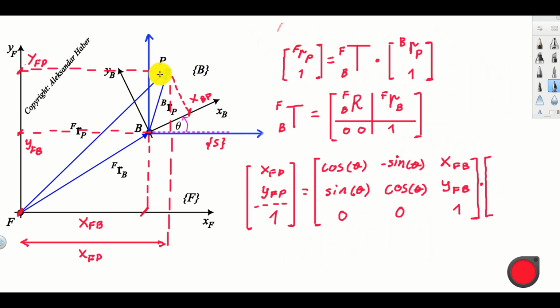And over here I will have another projection, distance from here to here, and this distance is YBP. Consequently, we will have XBP and we will have YBP over here, and then don't forget this 1 over here, and that's it.